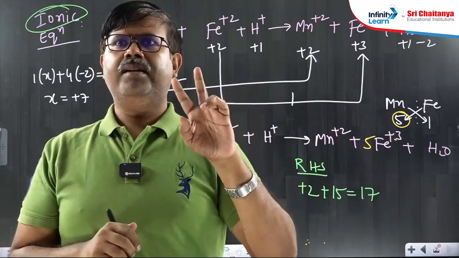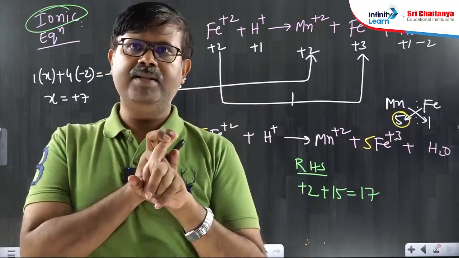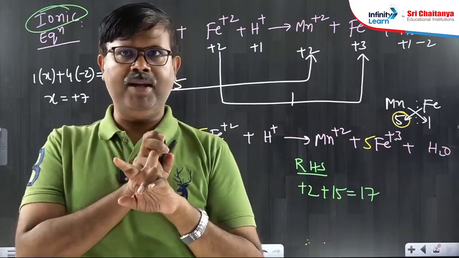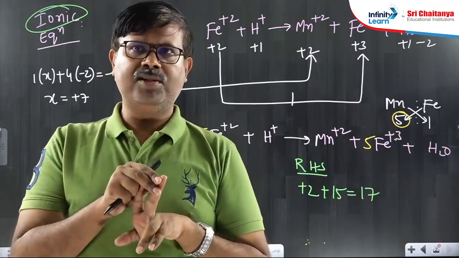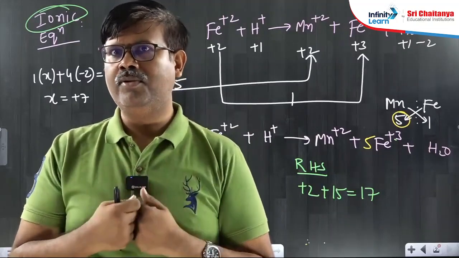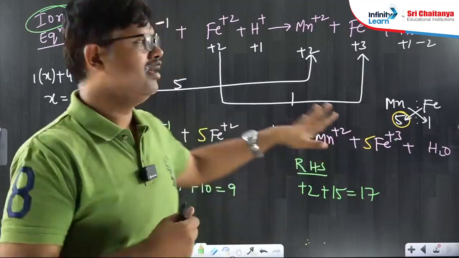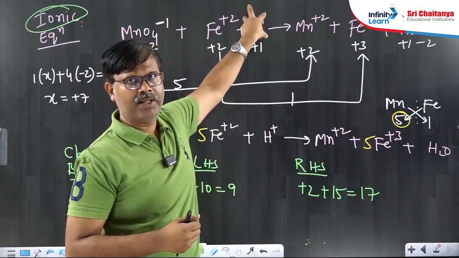There are two ions, H plus and OH minus. Either we use H plus or OH minus to balance the charge. They will give a hint in the question about which ion we should use. In this case we already have the idea that we should use H plus.